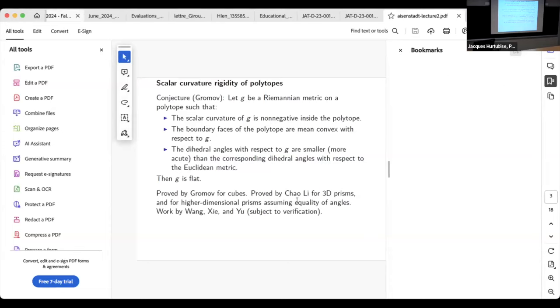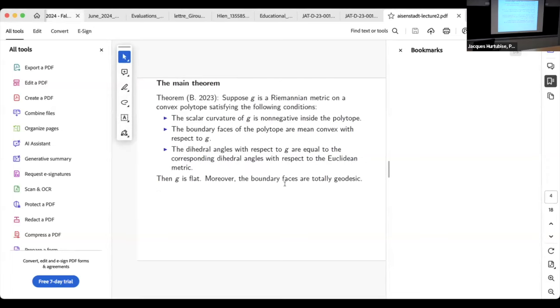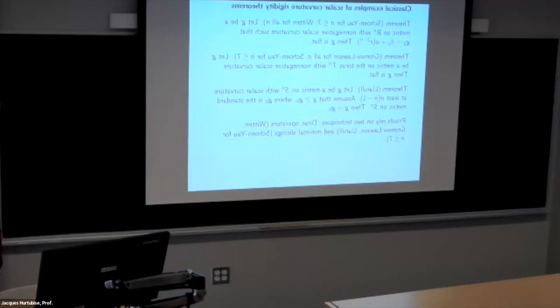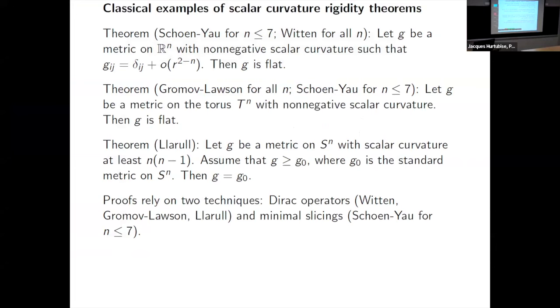In that way, you can create higher dimensions. Now, I should say that the approach is limited to dimension at most 7 because of the presence of singularities in hypersurfaces. So, two types of techniques: one based on spinors and Dirac operators, and the other based on minimal hypersurfaces and minimal slicings.